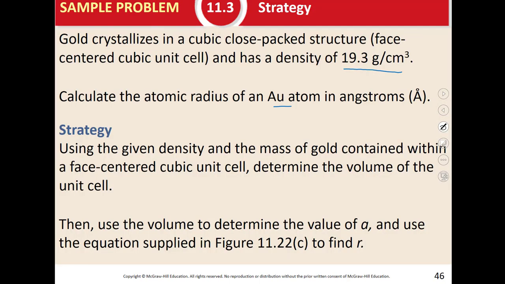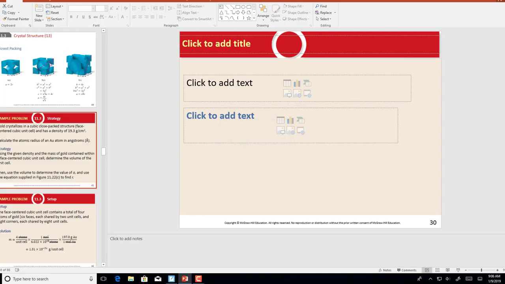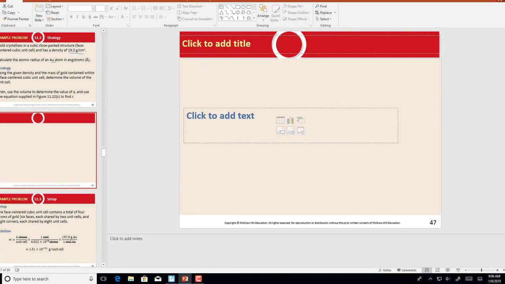All right, so I'm going to get a new slide and copy down what we know from the other side. It is face-centered cubic, which means that Z is what? 4. We have the equivalent of 4 atoms.